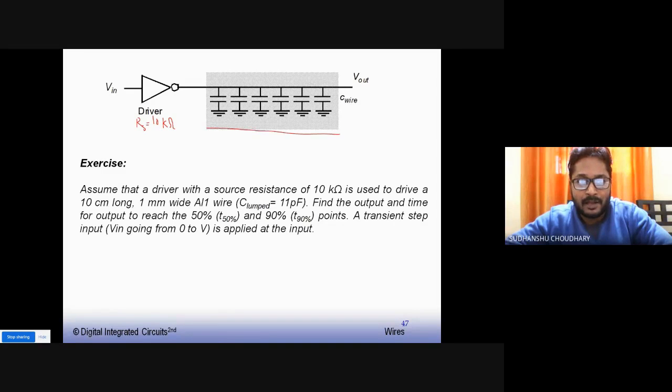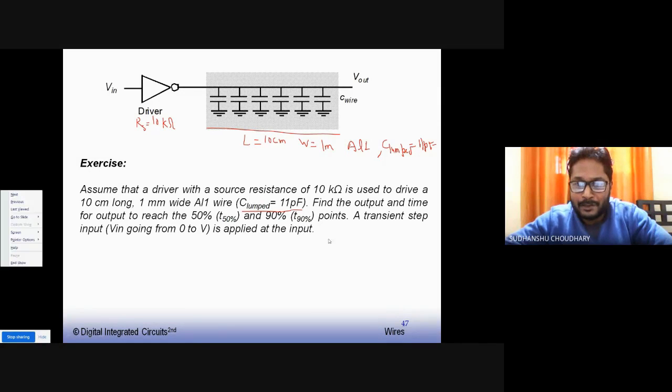This wire is 10 centimeter long. So L is 10 centimeter for this wire, and width is 1 mm, and it is an aluminum 1 wire. Okay, and when all these capacitances are clubbed, the total lumped capacitor value is 11 picofarad, right? So I'll write here C lumped of this wire is 11 picofarads.